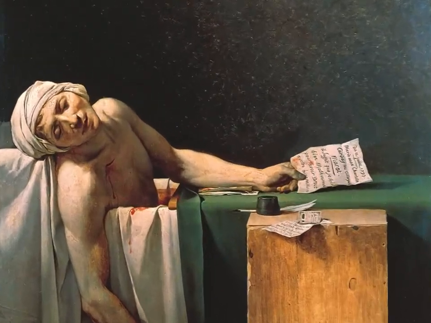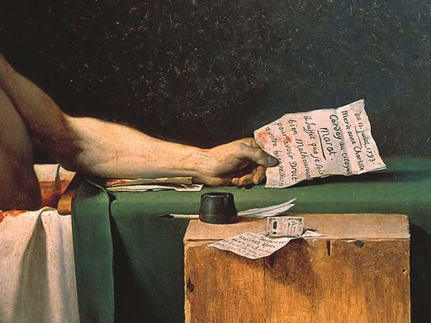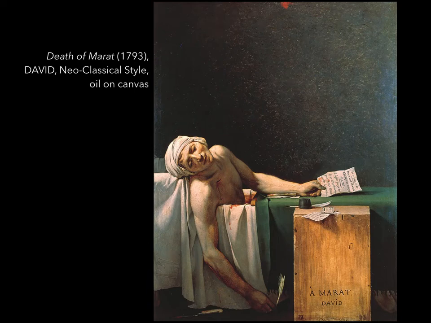Although, if you look a little closer, you see this name Charlotte Corday, and she is the name of his assassin. So although the name of Charlotte Corday can be seen on the paper that's held in his left hand, she herself is not visible. And so I think it's kind of interesting to note that in the kind of scale of the composition. Close inspection of this painting shows him at his very last breath, and this is, if you know the story, Corday and many others were still nearby.